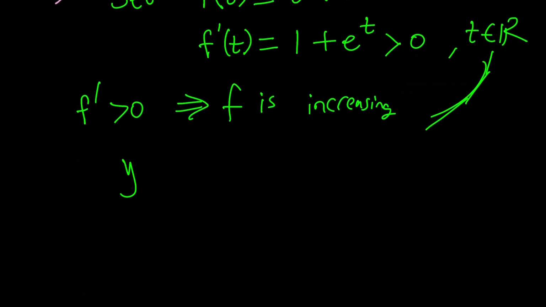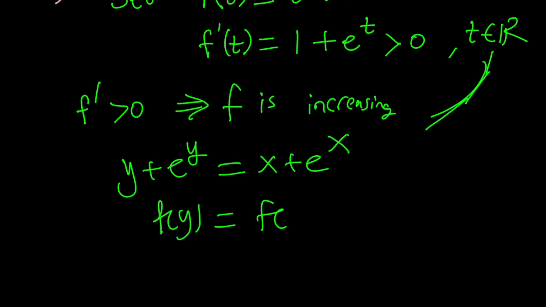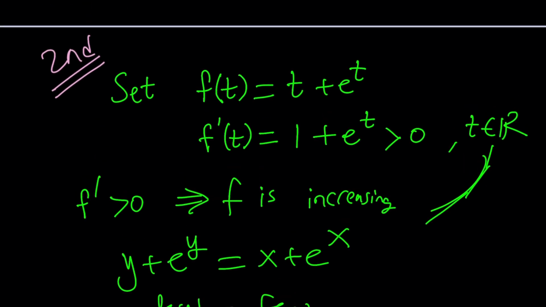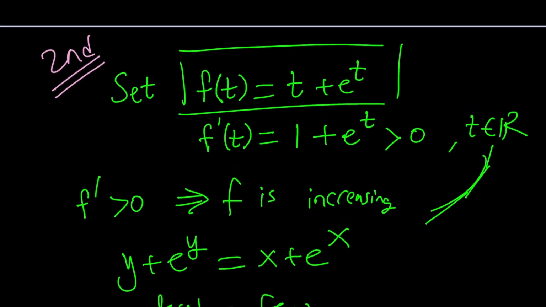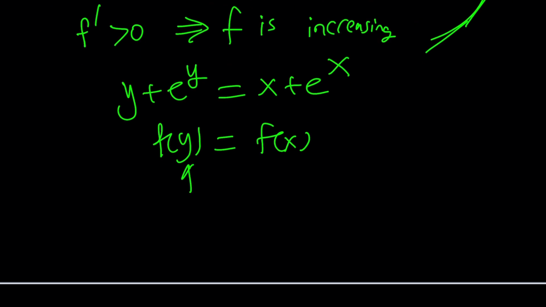That means that y plus e to the y equals x plus e to the x means f of y equals f of x, because remember, we defined f of t as t plus e to the t. So these are just the values of the function at two different points, like t equals y and t equals x. And as you know, this automatically implies y equals x.